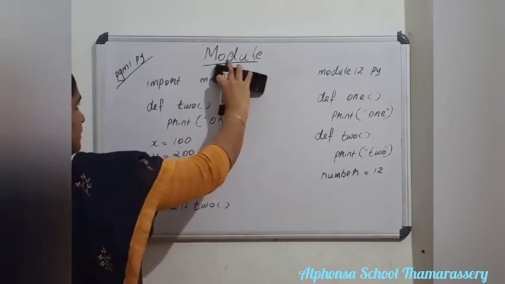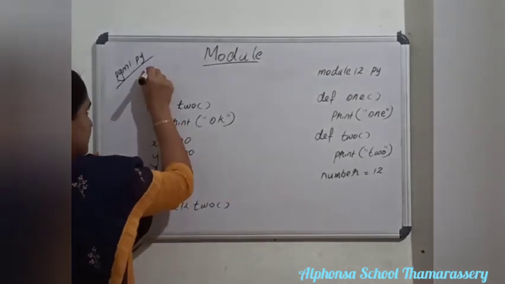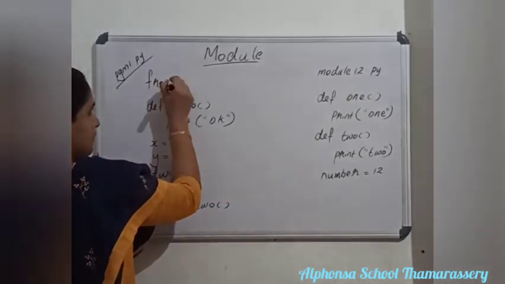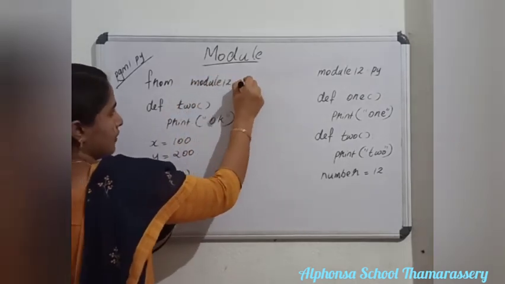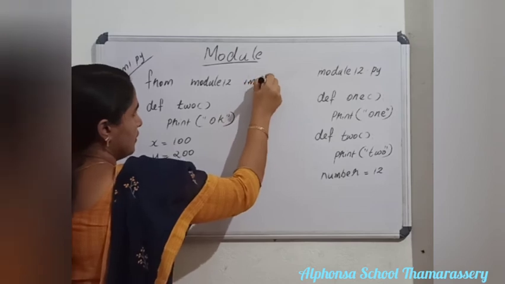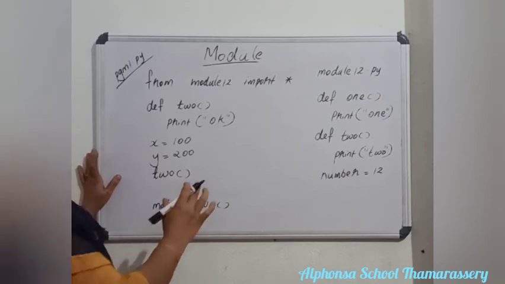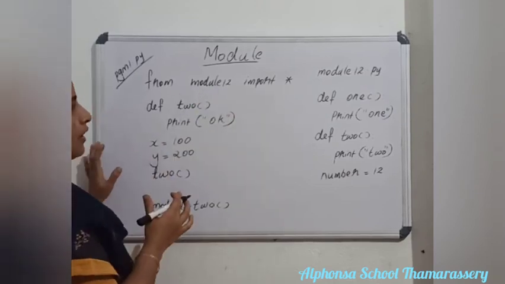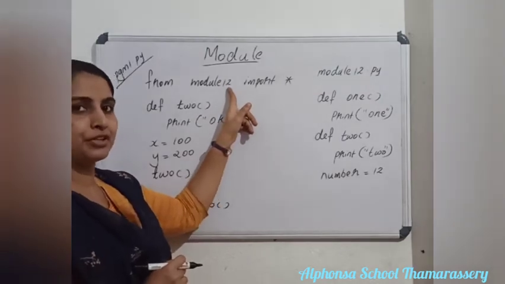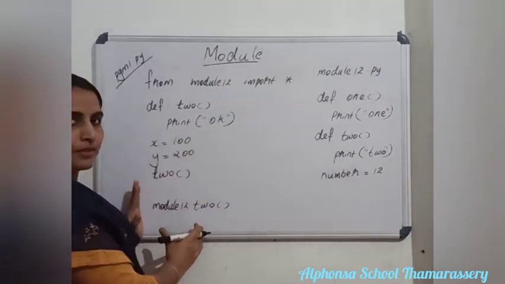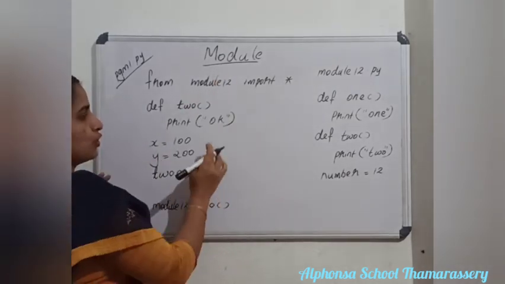So we can think of the second case. I am using from module12 import star. If I use this method to import, all the elements of module12 become part of the present environment. Then we can see the namespace. It never creates a new namespace for the module.